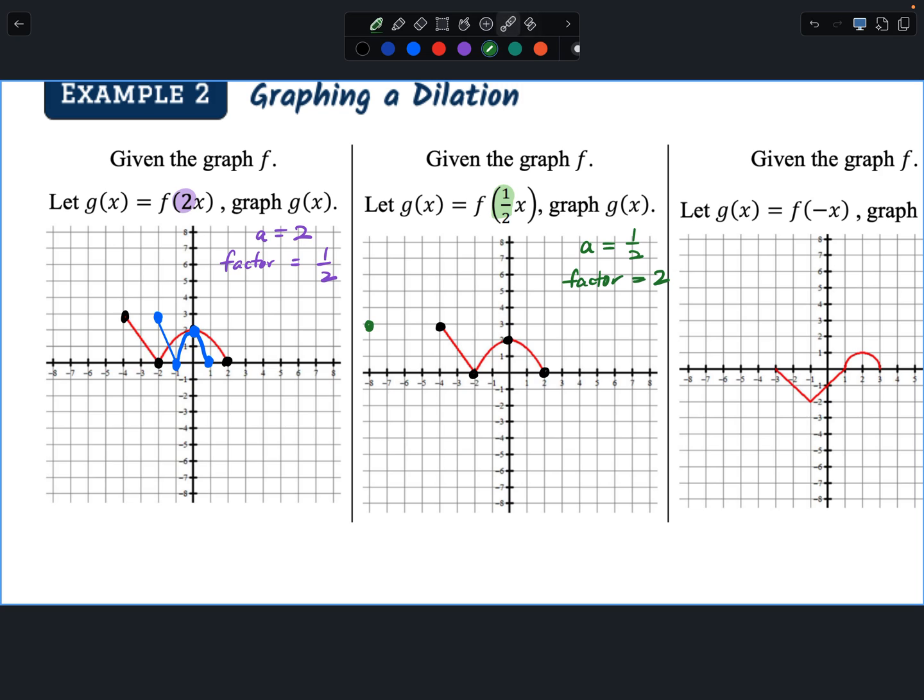This next point is 2 units away. So if I double that, it's going to be 4 units away. The next point is on the y-axis, so it doesn't change. This next point is 2 units away. What's double that? 4.